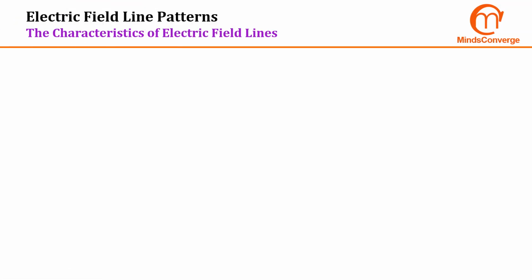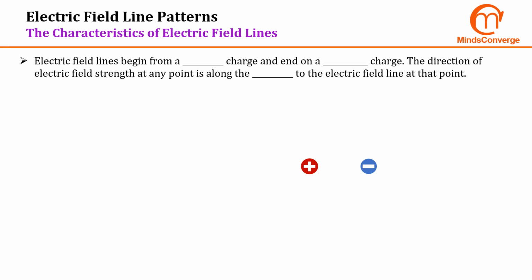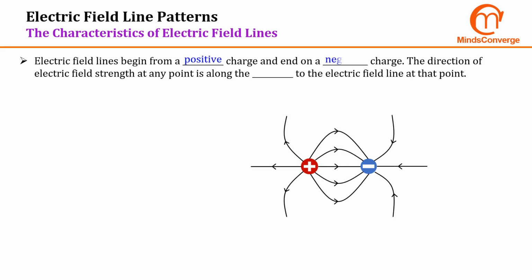Next, let's study the electric field patterns resulting from multiple charges and the characteristics of electric field lines. Consider a positive point charge interacting with a negative point charge. Electric field lines begin from the positive charge and end on the negative charge. The electric field strength at point P, due to the positive charge, is E1.